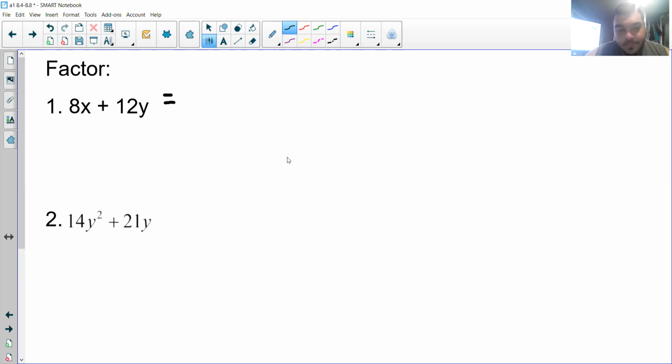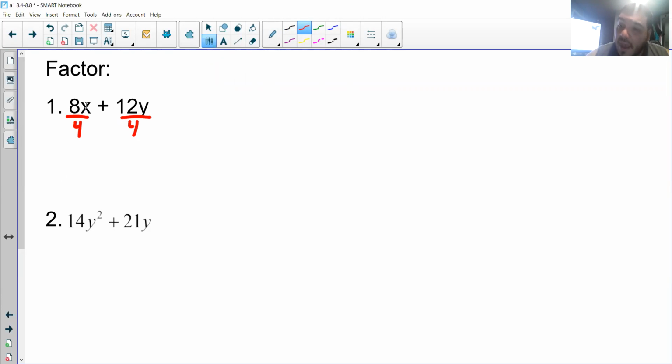So the first one, we got 8x plus 12y. And the instruction says factor. So first, I'll look at the numbers, 8 and 12. What's in common between 8 and 12 is a 4. So I'm going to factor out a 4. Now, this is an x, this is a y.